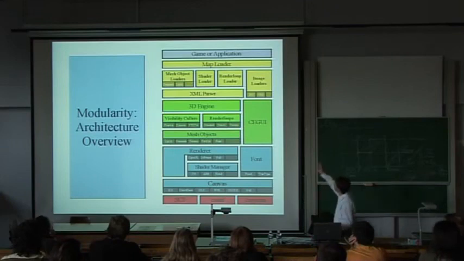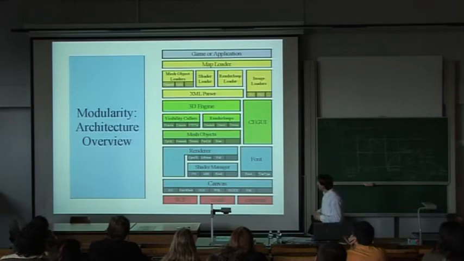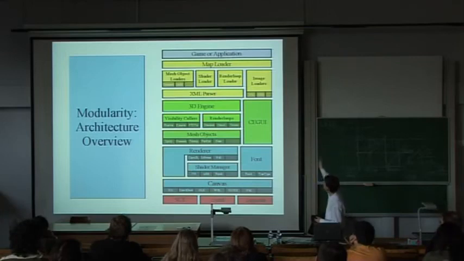Then on top, the yellow parts are everything that has to do with loading. We use XML a lot. The entire map format is XML. So you have the map loader, which is on top of everything, and on the right you have image loaders, also with different plugins.